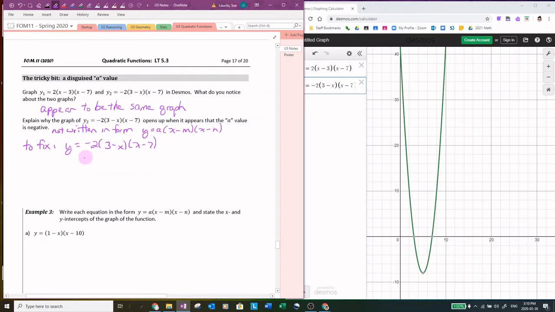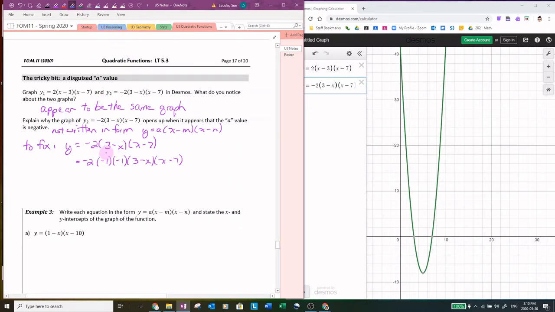So I'm going to change this to -2 times -1 times -1 times (3 - x)(x - 7). Now we're in agreement that -1 times -1 equals 1. So I haven't changed what the equation equals. It just looks different now.